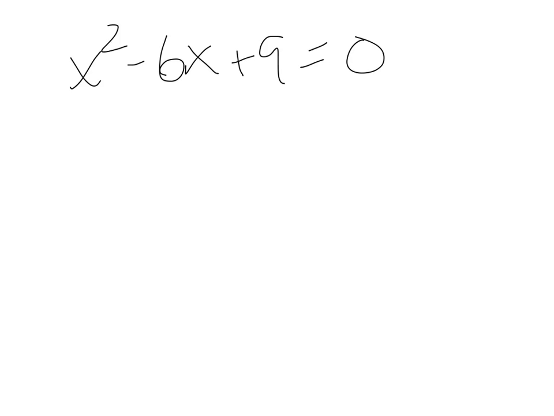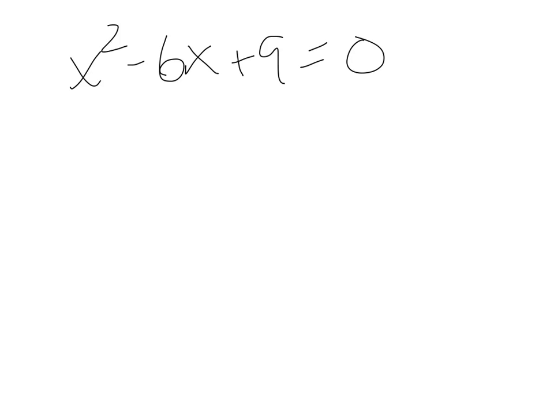Okay, let's try this one. We have x squared minus 6x plus 9 equals 0. Now here's the important thing. This should always be equal to 0 when you're doing the quadratic formula. Okay?